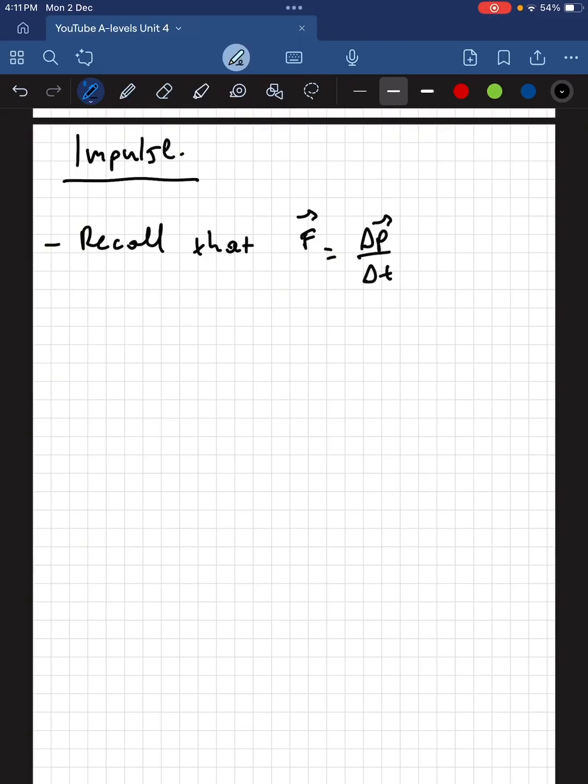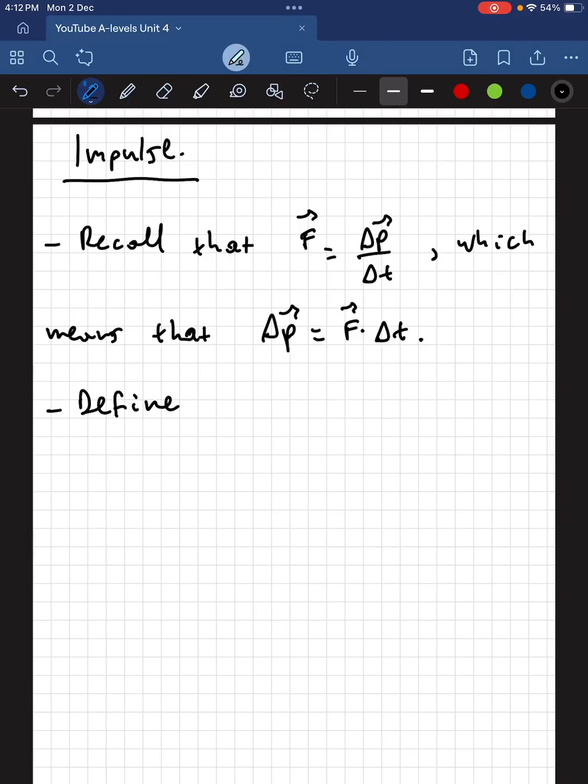This is the alternative form of Newton's second law that we studied in the previous video, which means that delta P is equal to force times delta T. Now define a new quantity called I, impulse, which is a vector quantity, equal to force times delta T, which is also equal to delta P by the definition, measured in newtons times seconds, just like momentum.